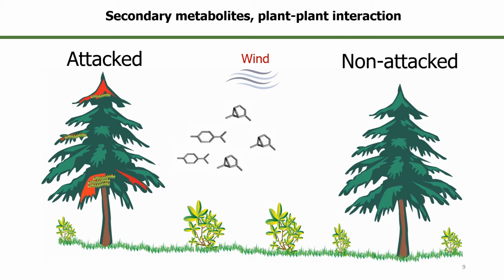For example, when there are insects that start attacking a tree, as you see on the left hand side here, you have these larvae that are feeding on one of these trees.